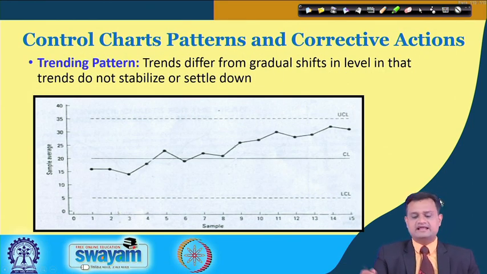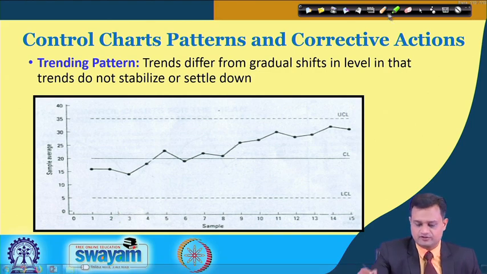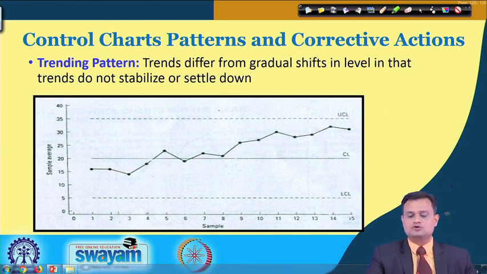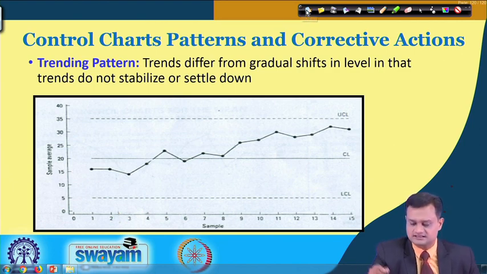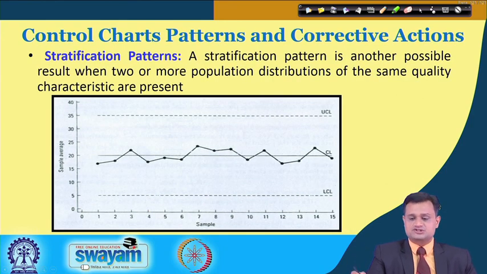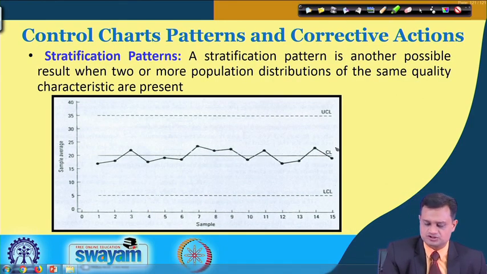There is a trending pattern. So, some trend you can observe, maybe because of wear and tear of the tool, bearing, or some other equipment component, or there may be some error in the measuring instrument. There is a stratification pattern, and what do you see here?